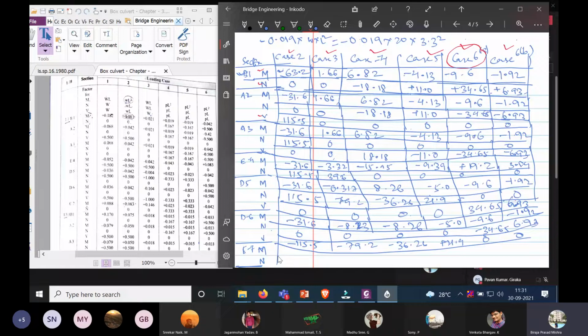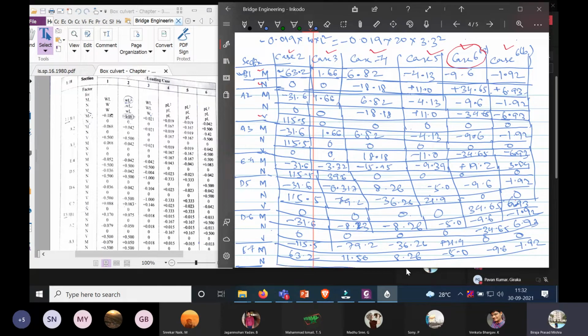Okay, next the moment here is 63.2. It is 11.56, 8.26, minus 5.0, and minus 9.6, and minus 1.92.